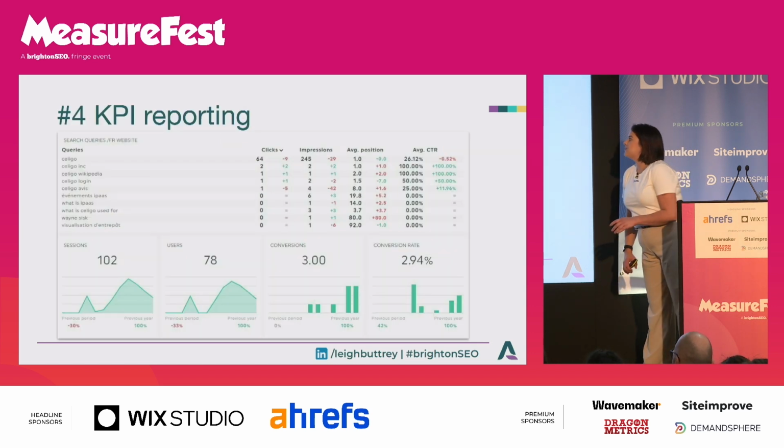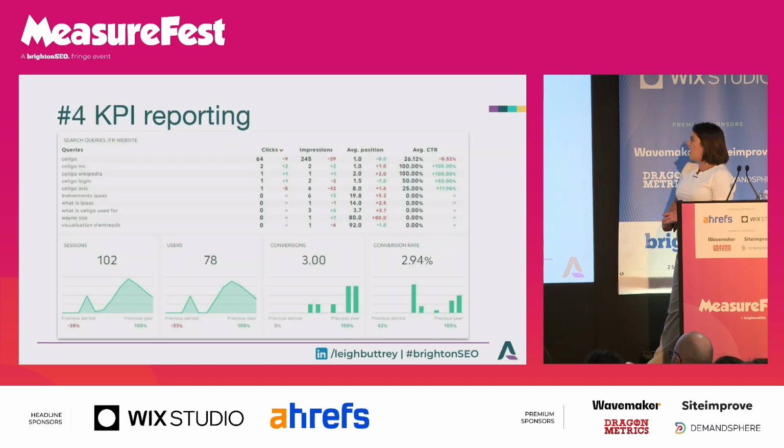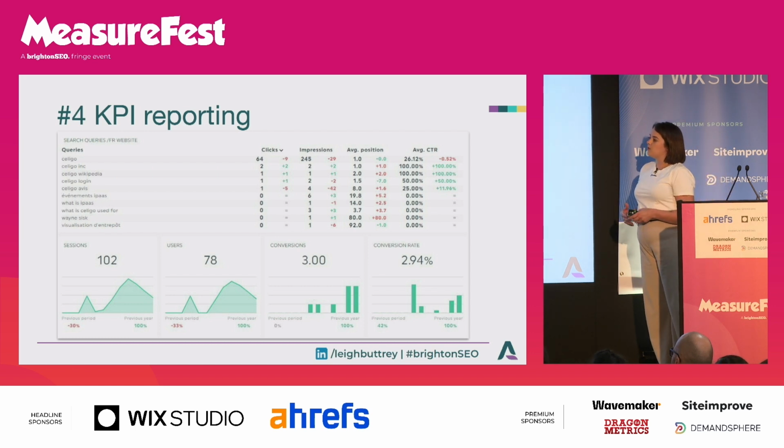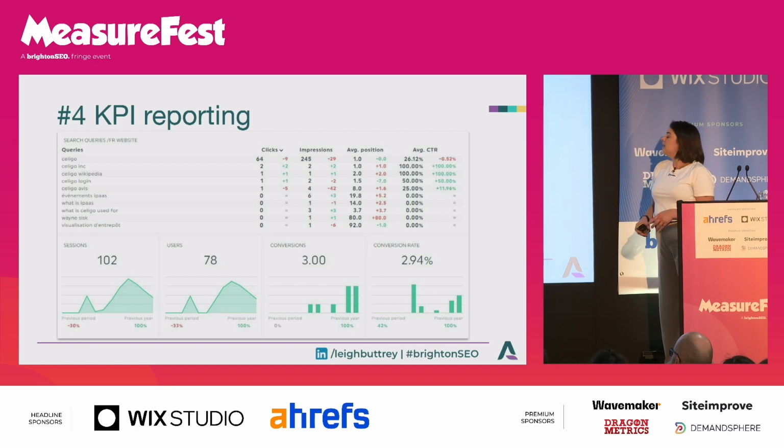KPI reporting is really important. I think a lot of you who do SEO will probably always report on keyword positioning, which is great, but I feel like a lot of you don't boast about your conversions and your wins. Why don't we do that? I particularly love Dash This. This isn't a sponsored thing, I just particularly like their interface for reporting. But boast about your conversions.